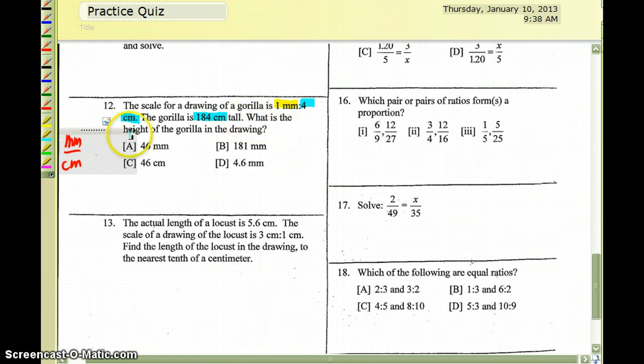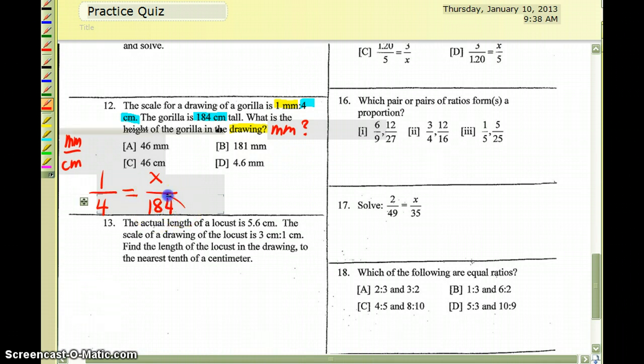Now I'm looking for the height of the gorilla in the drawing. The drawing is the one that's smaller, the millimeters. So I'm really looking for how much it's going to be in millimeters. If I set up my proportion, I'm going to do 1 millimeter gives me 4 centimeters, equaling my next ratio, which is, I don't know how many millimeters, but I do know that the gorilla is 184 centimeters.